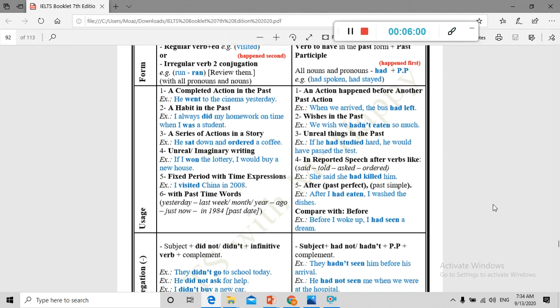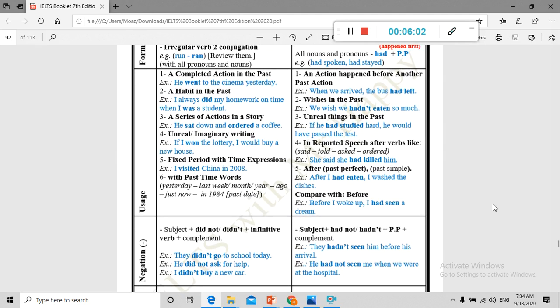Now, what about negation, or how to make it negative? Because we already have the helping verb, which is had, we just put not. It becomes had not or hadn't, and the verb stays in past participle. We don't change it as we did in the past simple.